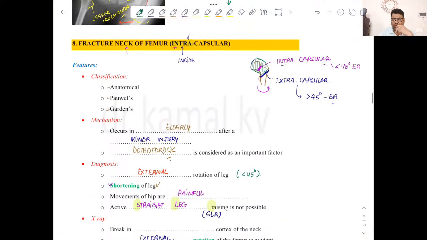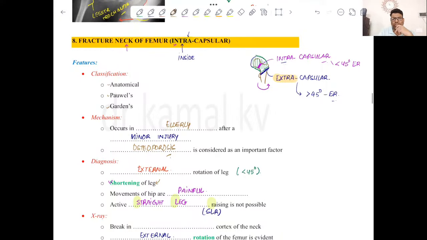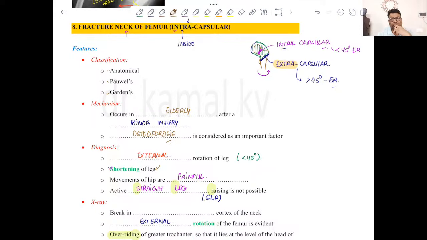Now here I have kept specifically this extracapsular entity, because I just want to mention 2-3 contrasting differences of the extracapsular variety, which is also known as intertrochanteric fracture, right?